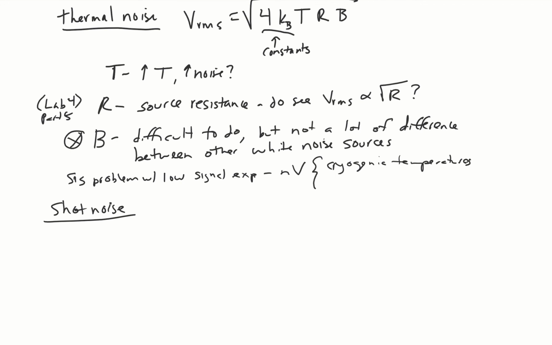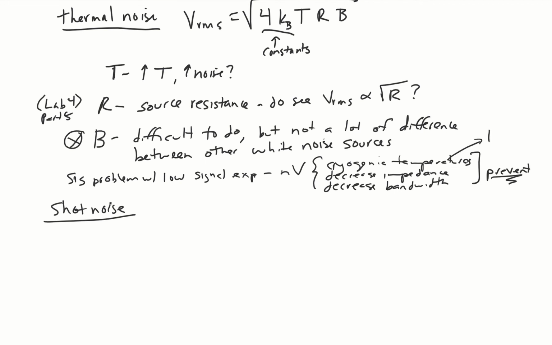So you can decrease that temperature. People also decrease the impedance, or they'll decrease the bandwidth. This is how you prevent thermal noise.